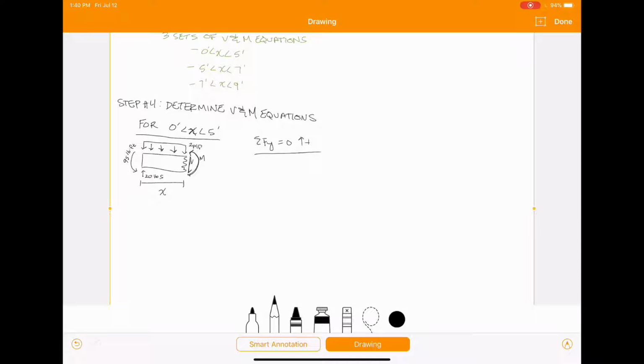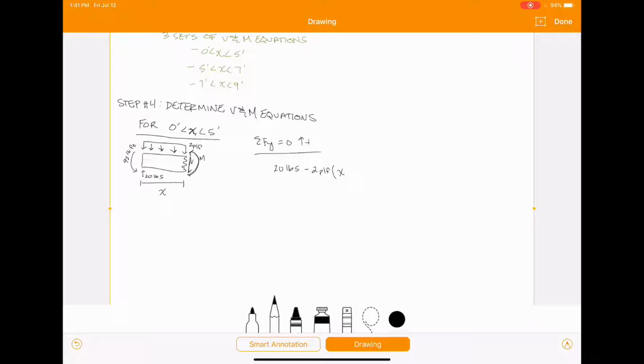Again, this is just the same thing we did in our internal forces video, just solving for V and M. So sum of forces y, we're going to get 20 pounds minus 2 PLF times, you might be tempted here to put 5 feet, but remember we're cutting the beam at a distance x.